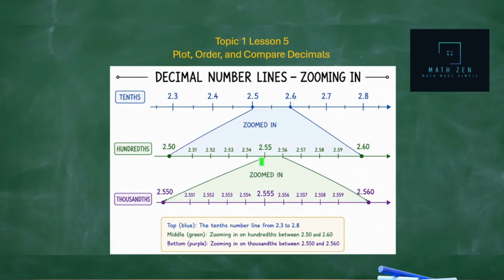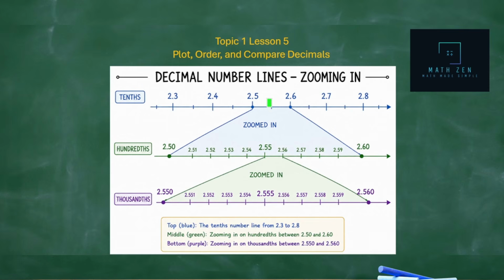So again, if we took, for this example, 2 and 55/100 and 2 and 56/100, there are actually numbers in between there, and you need to realize that you've got 2 and 551/1000, 2 and 552/1000, and so on. So for this example, let's just pretend we were dealing with this blue line here. Your question might give you the decimal 2 and 55/100, and it might ask you to plot where that goes.